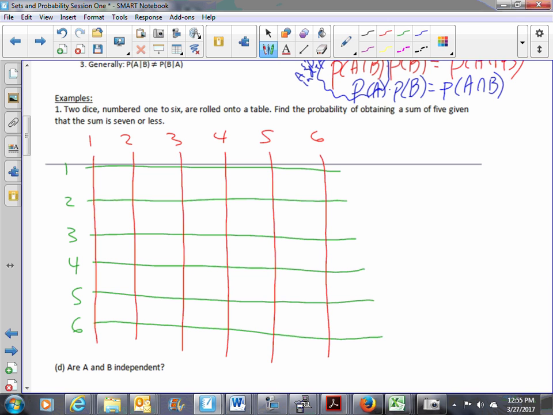Each point of intersection of the lines would represent a point in the sample space. This point, for example, would represent 2 on the red die and 1 on the green die.